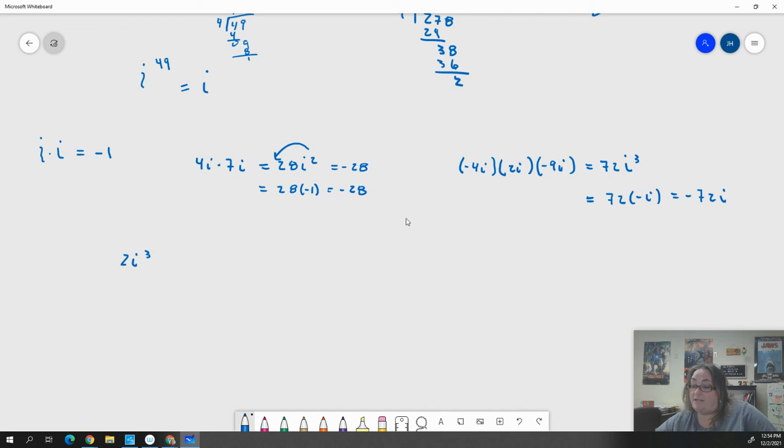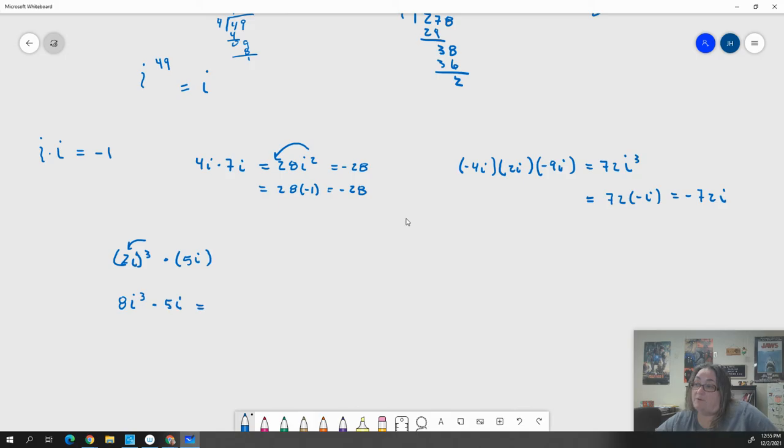If I have 2i cubed, let's put that in parentheses, 2i cubed times 5i. When I apply this cube to the 2i, I have to apply it to the 2. 2 cubed is 8. And I have to apply it to the i.